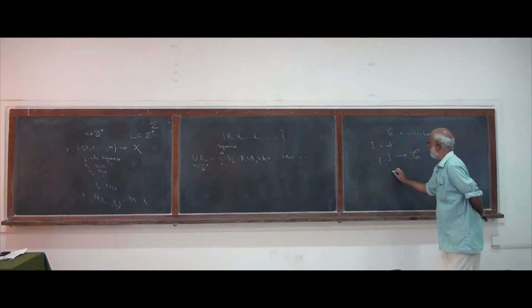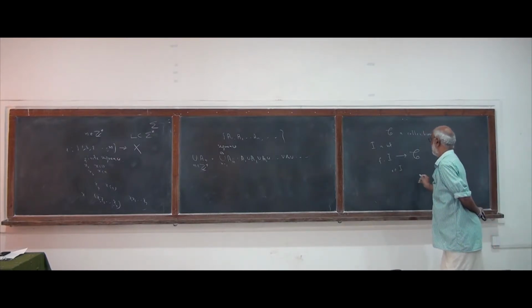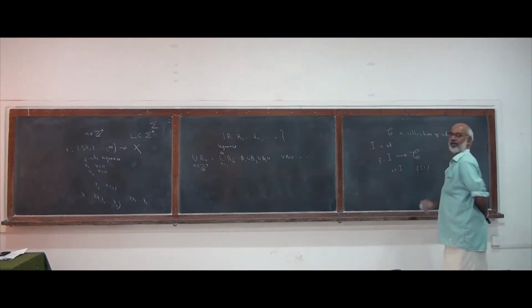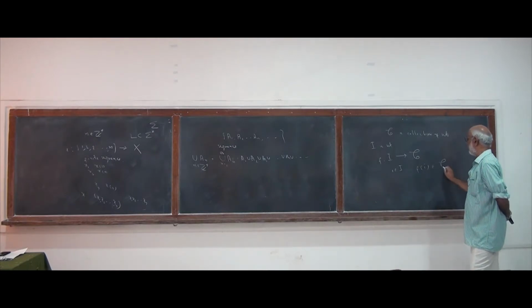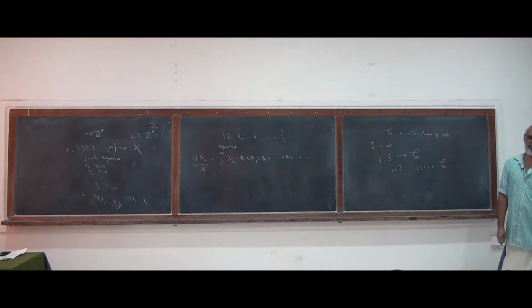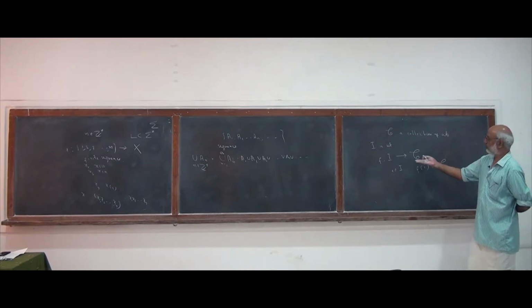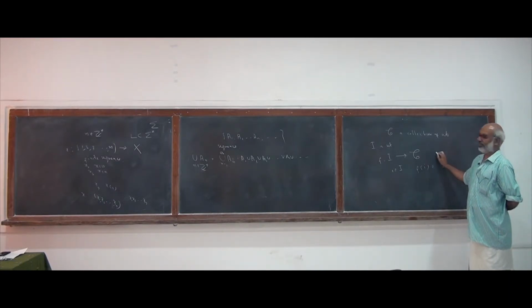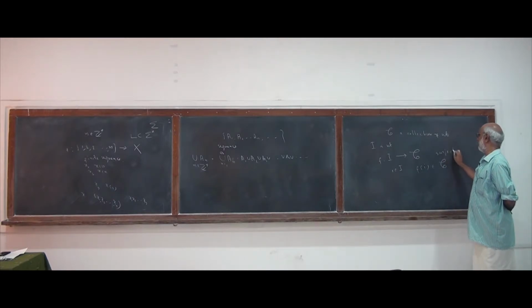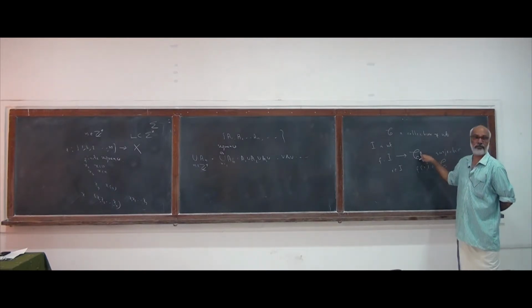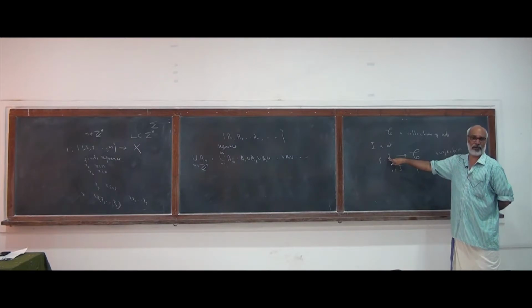Now, for every element i of I, we have an F of i, and F of i will be an element of C. We may even have that this function is a surjection. That is, every element of C is an image of some element of I.